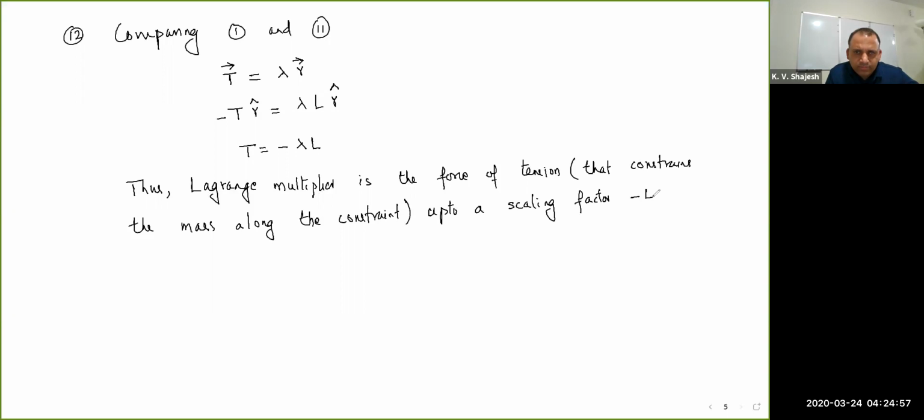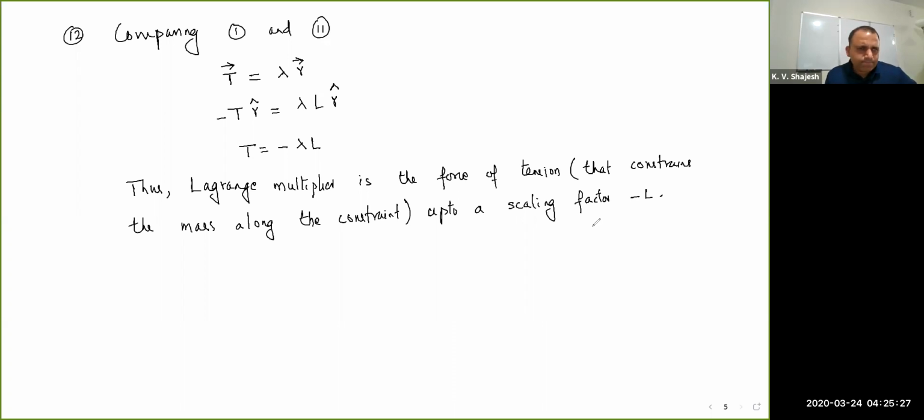minus L, right? I could have subtracted the Lagrange multiplier term instead of adding it, so it cannot really pick the direction of the tension for you, but it tells you that the Lagrange multiplier lambda is actually conspiring to create the force of tension so that it actually achieves the constraint.